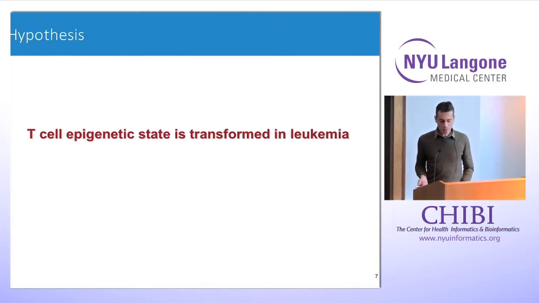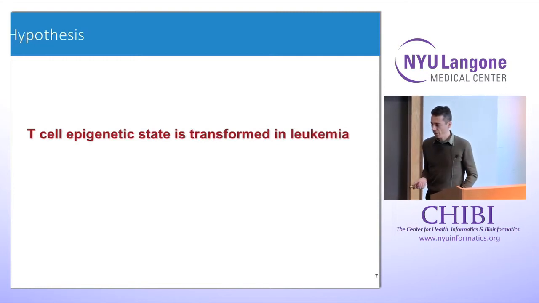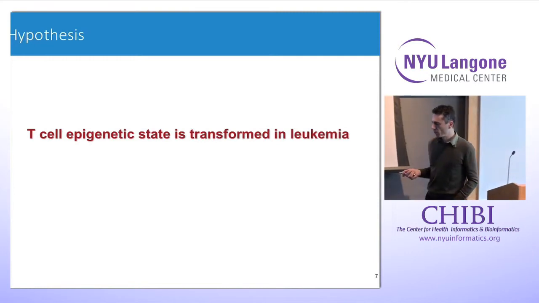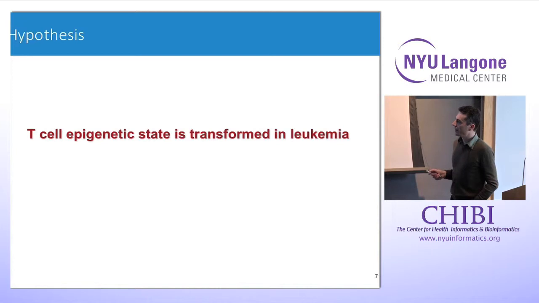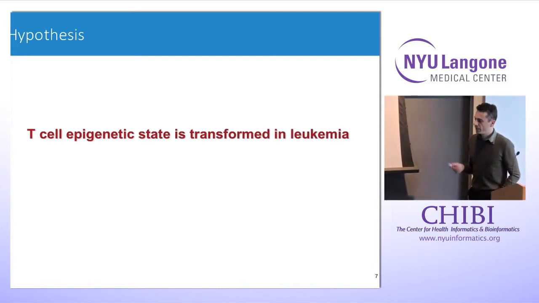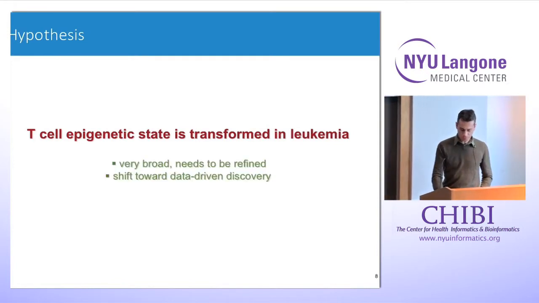So our very basic question, that was almost 4 years ago, was whether, at least in the mouse model, you have anything that goes wrong in the epigenetic state of the T cells when the mice get leukemia.